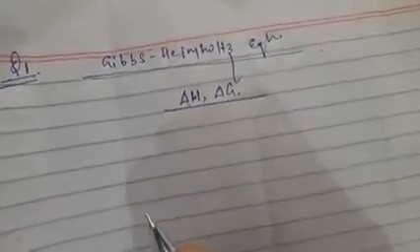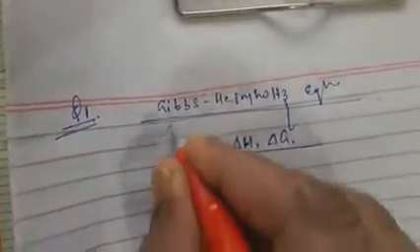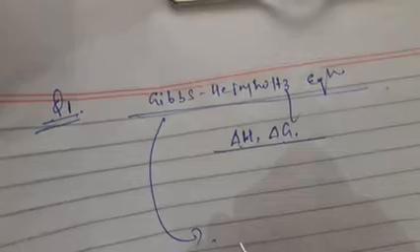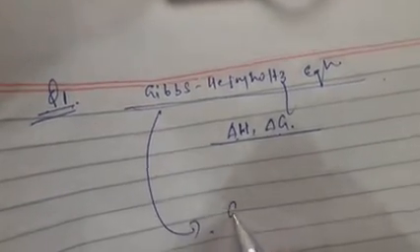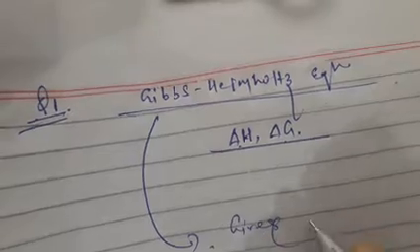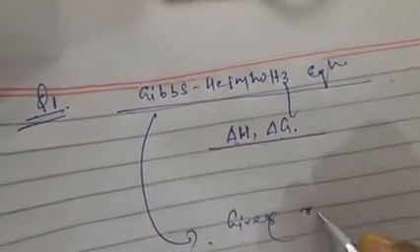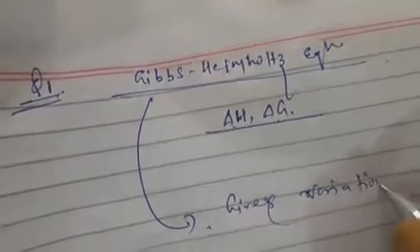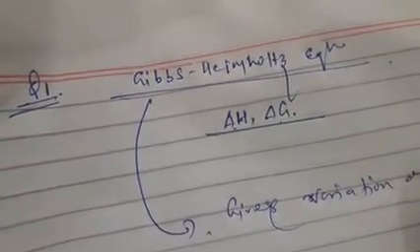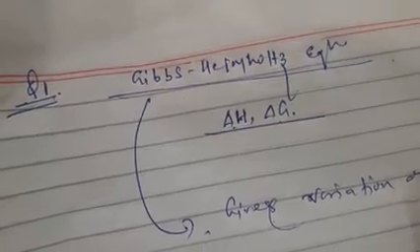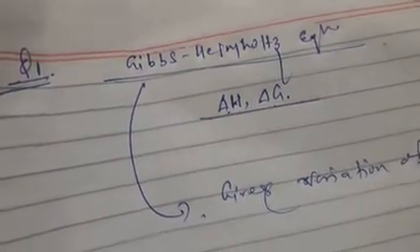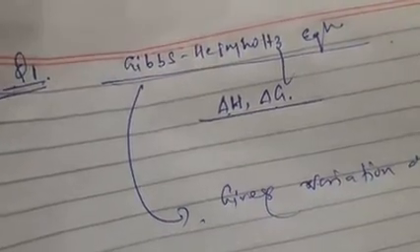So first of all, I want to say something about Gibbs-Helmholtz equation. Gibbs-Helmholtz equation gives variation of delta G upon temperature at constant pressure.